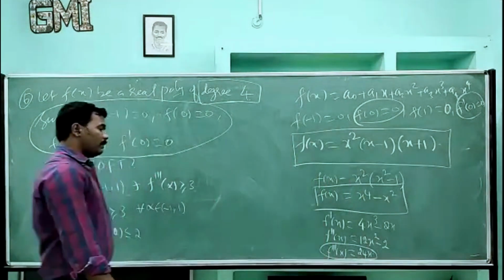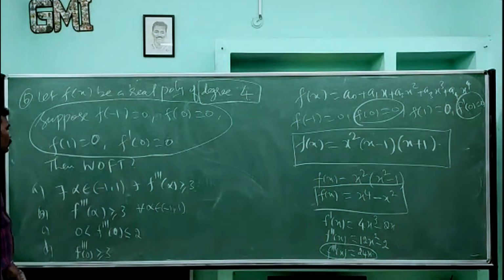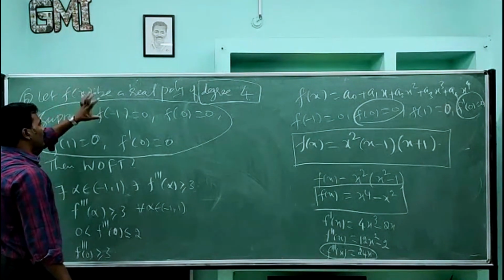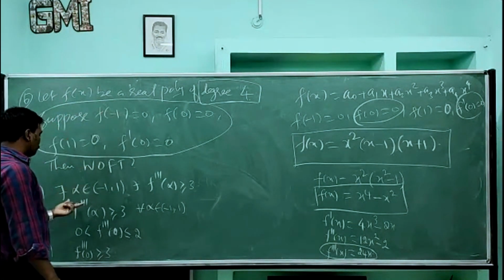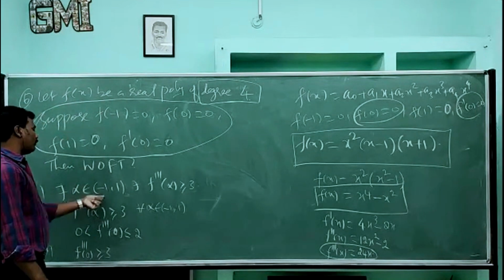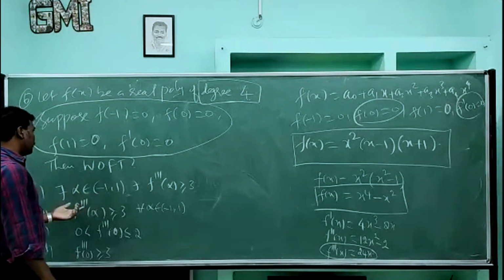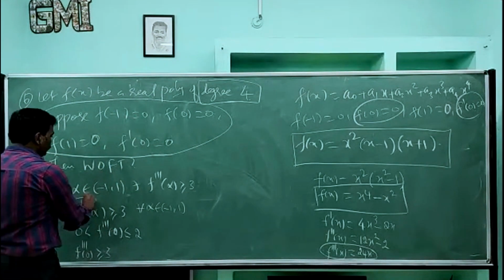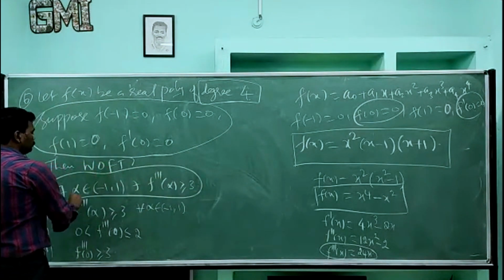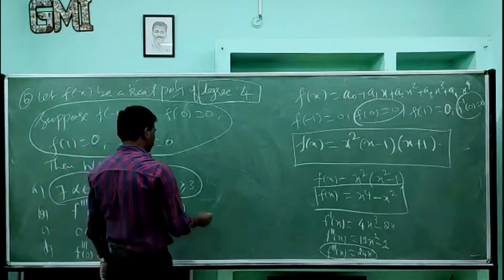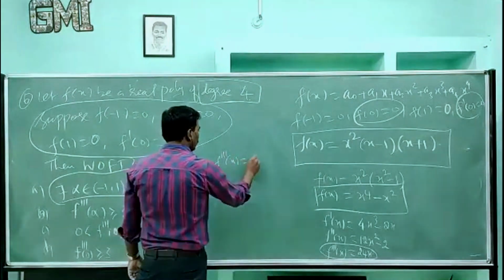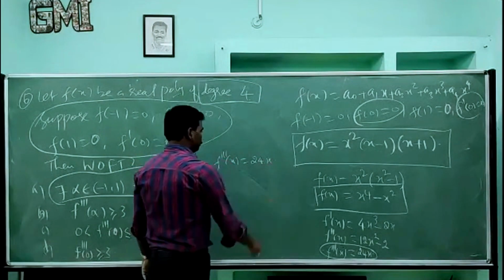This is f triple prime of x. Now what is the question? So this fourth degree polynomial has this property, which implies there exists alpha. The first option says that a fourth degree polynomial always has this property. So our third derivative f triple prime of x is equal to 24x.